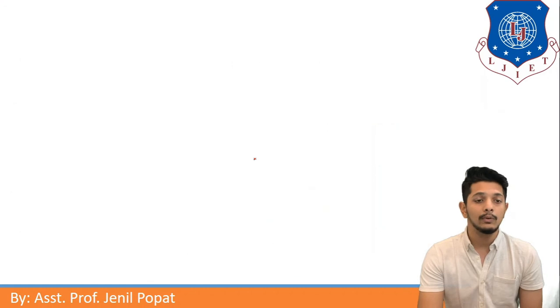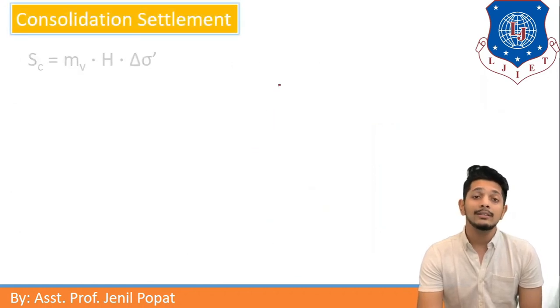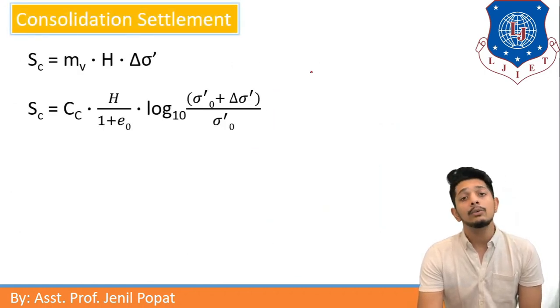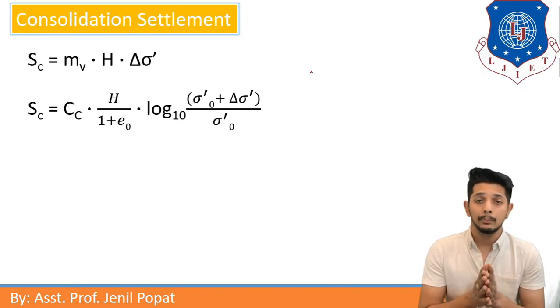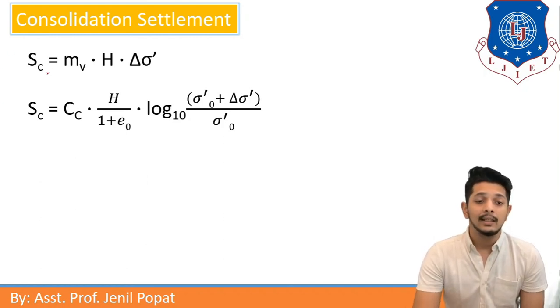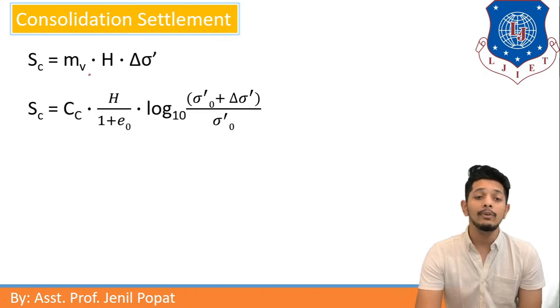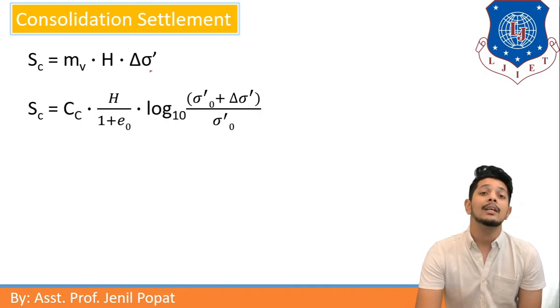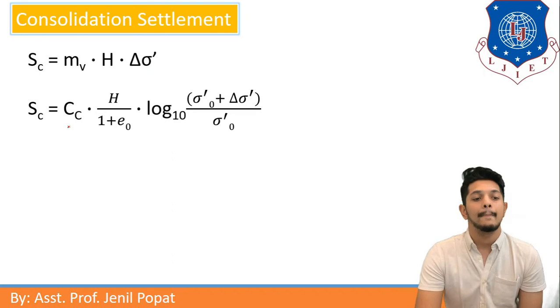Let us move forward. Consolidation settlement. Now you have to remember these two most important settlement formulas. SC, consolidation settlement, is equal to MV into H into delta sigma dash. Now MV is the coefficient of volume change, H is thickness and delta sigma dash is the effective pressure difference.